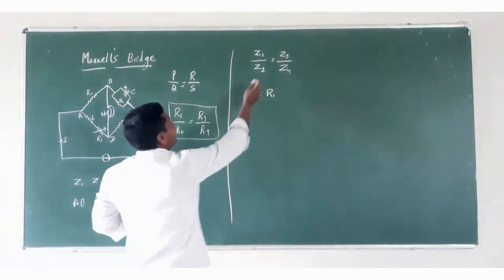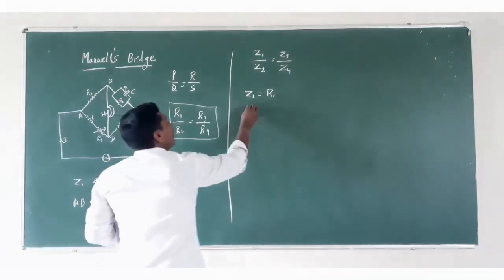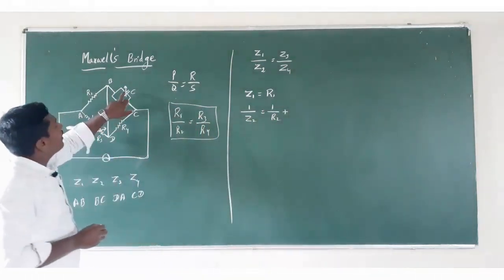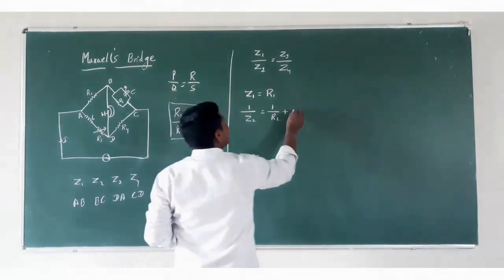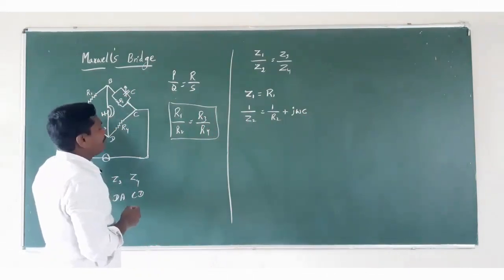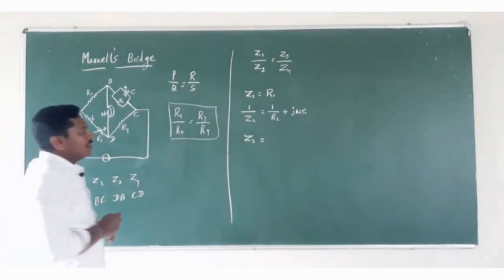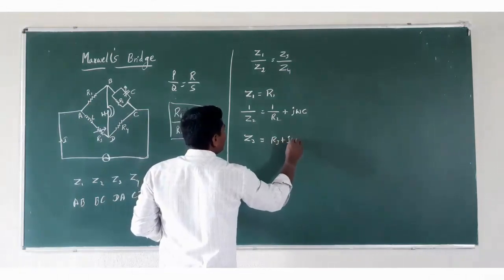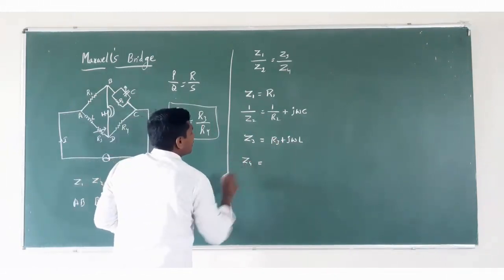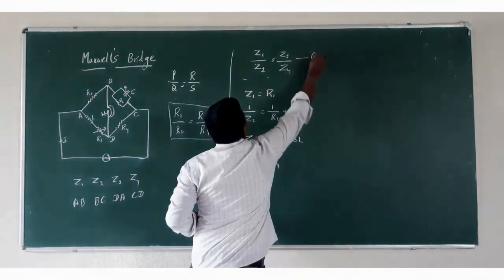Similarly Z2, here we are using R2 and C connected in parallel, therefore 1 over Z2 is equal to 1 divided by R2 plus j omega C. Similarly for branch DA, Z3 is R3 plus j omega L, and then Z4 is equal to R4. Let us consider this as equation number 1.